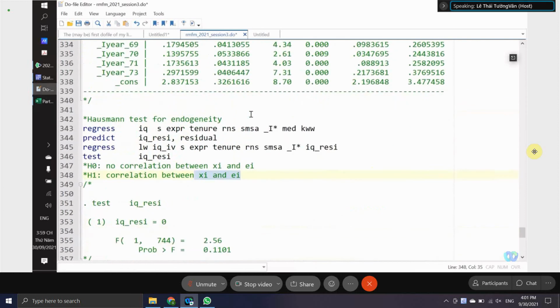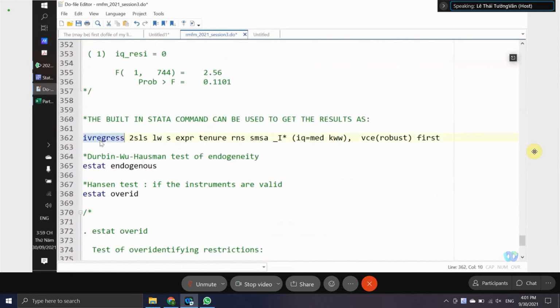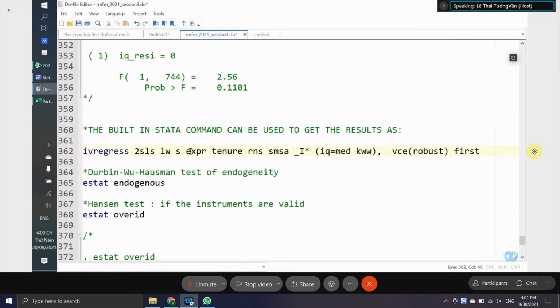So in Stata, you have the built-in regression. If you run ivregress two-stage least squares, this is how you say it in Stata. This is the dependent variable, these are the independent variables, this is the endogenous explanatory variable, and these are the explanatory variables.